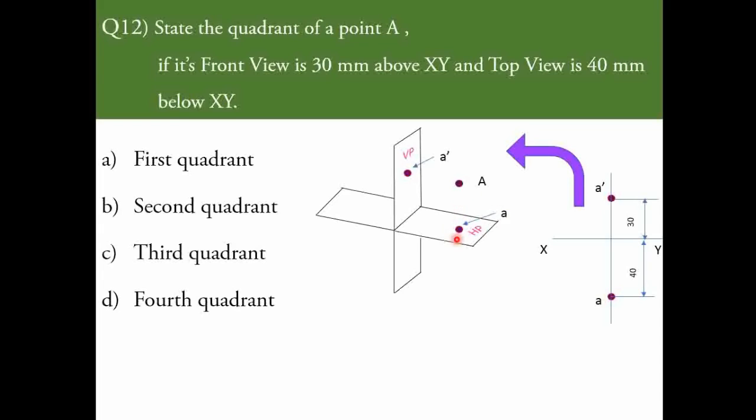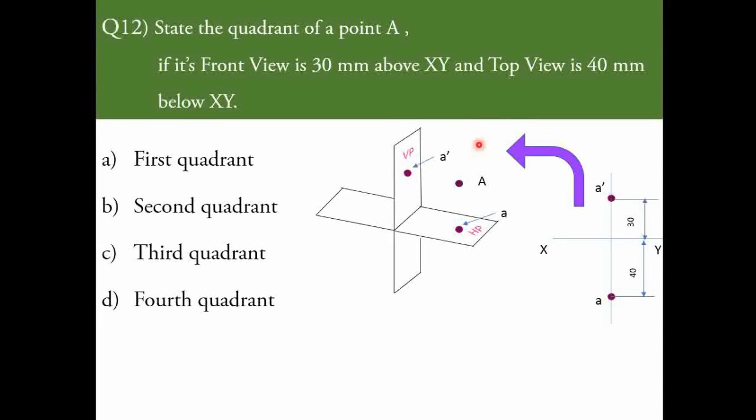As per the rule, we rotate the horizontal plane by 90 degrees in a clockwise direction, so the position of point a goes below the reference line, at 40 mm distance. So if a point has its front view above the reference line and top view below it, then that point is present in the first quadrant.